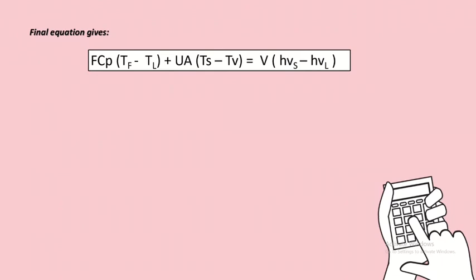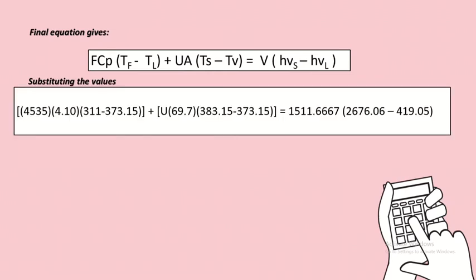The feed multiplied by its heat capacity multiplied by the quantity of the temperature of feed minus the temperature of liquid, plus the heat transfer coefficient U multiplied by the area times the quantity of the temperature of steam minus the temperature of vapor, is equal to the amount of vapor times the quantity of the enthalpy of saturated vapor minus the enthalpy of liquid.